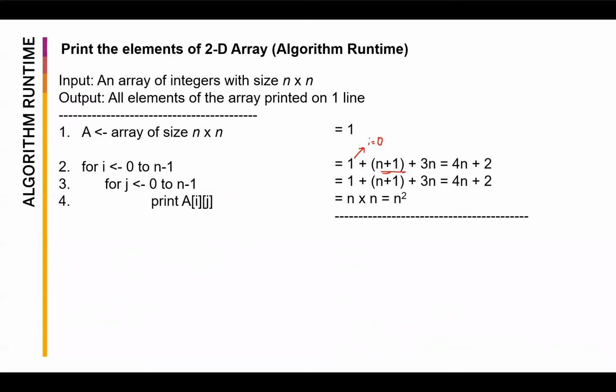We have the n plus 1 comparisons. And our 3n here is I equals I plus 1, the iteration or the increment. Clear so far? Paano nangyari? Okay, so if we simplify this, we arrive at 4n plus 2.